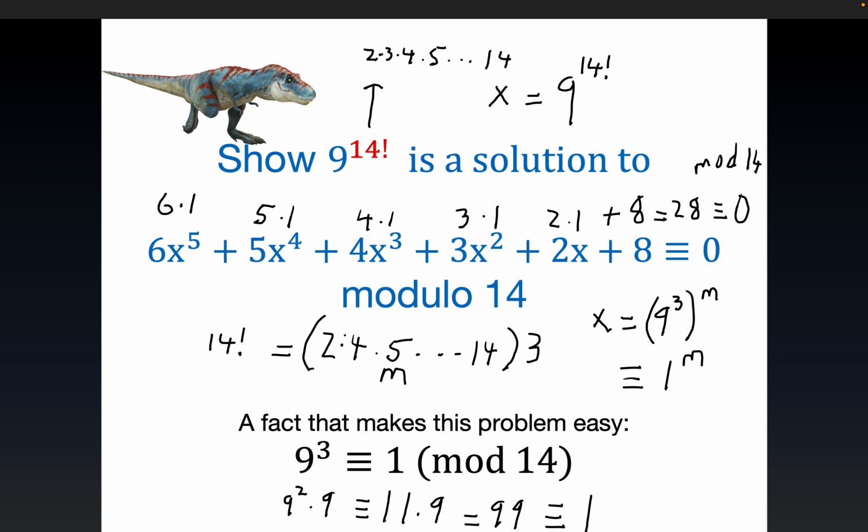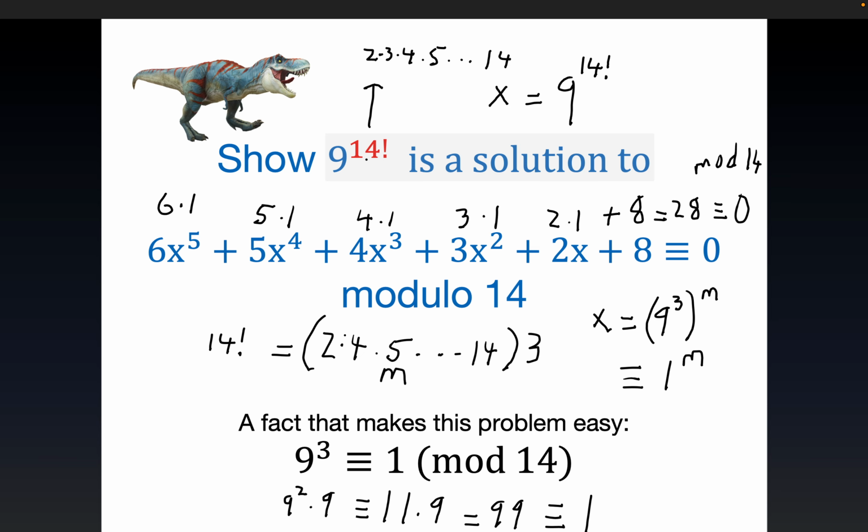And it's kind of nice. You could always think of phi of an integer: phi of an integer is going to divide 14 factorial. For this particular integer, for 14, its order is guaranteed to be a factor of 14 factorial.